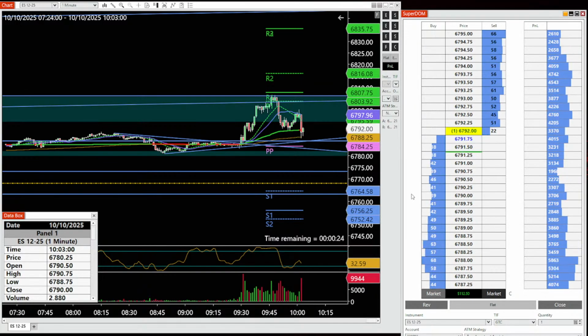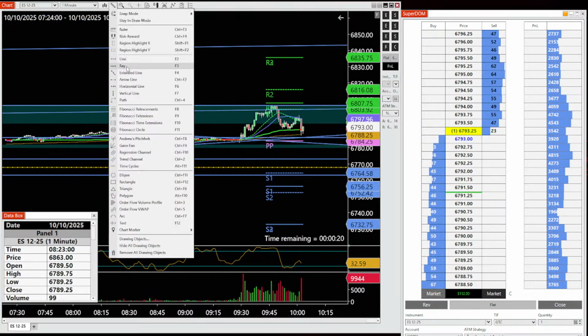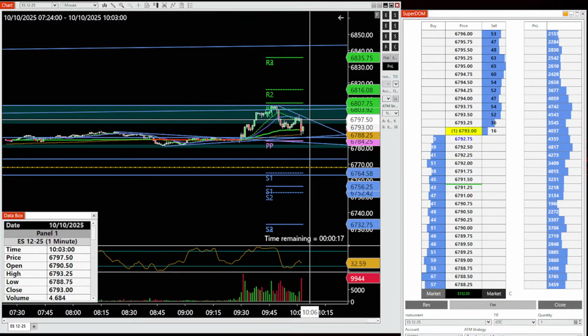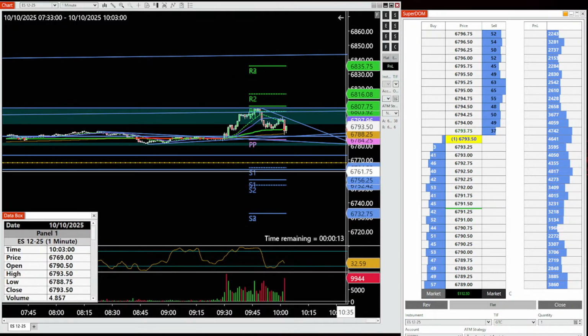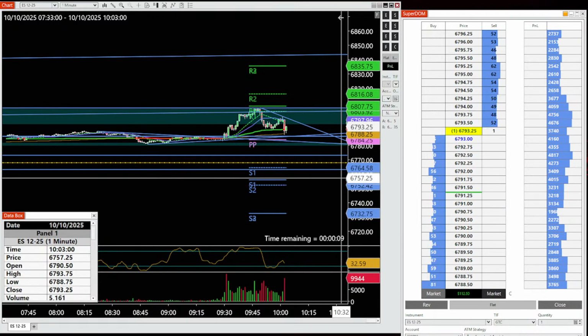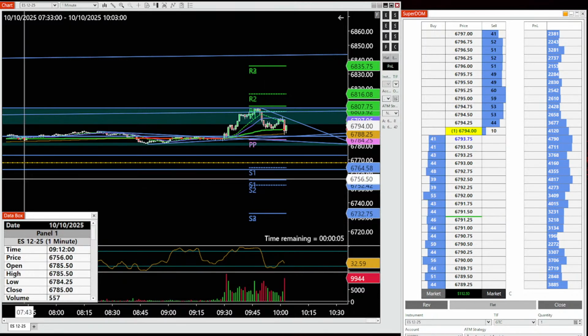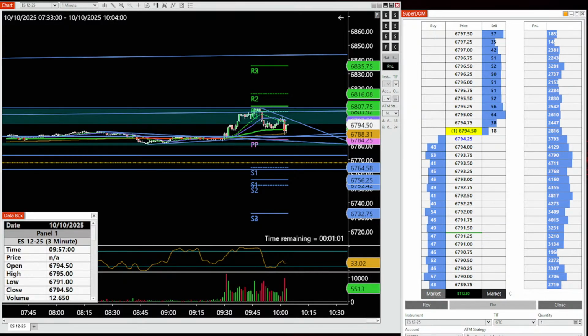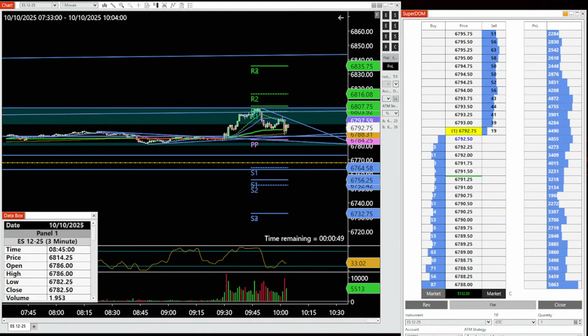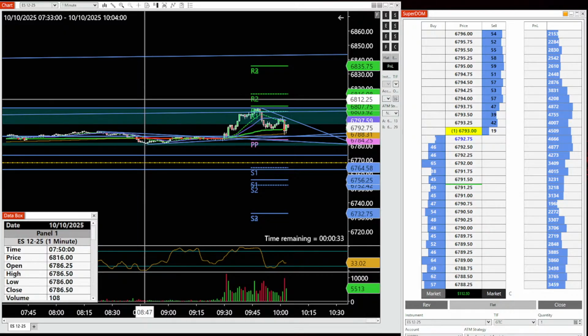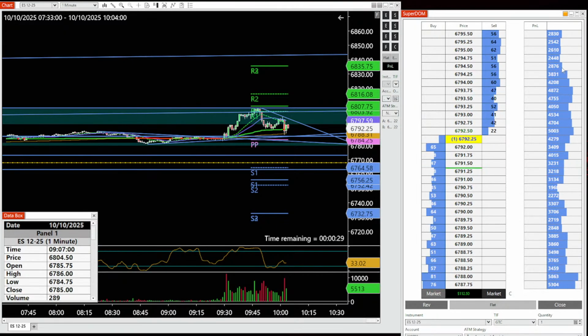Over under VWAP. $94.50. 87. Looks like we may just be in this range here from 91 to 94.